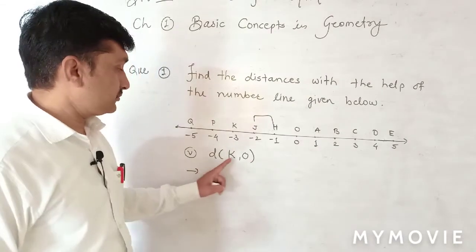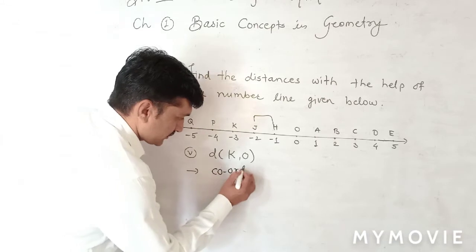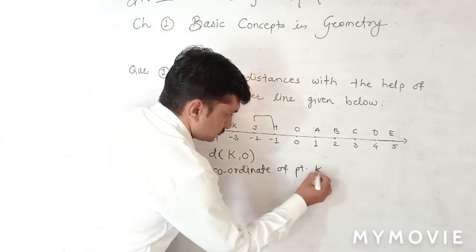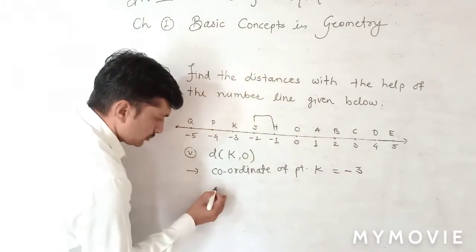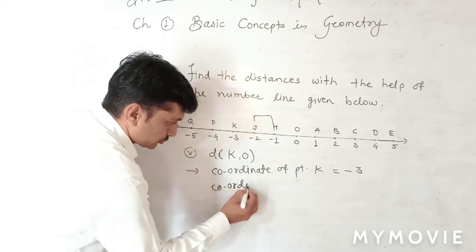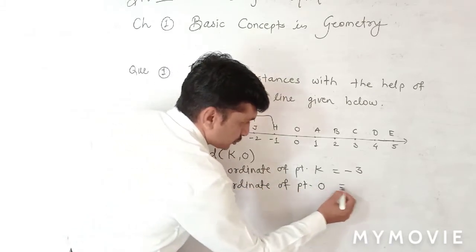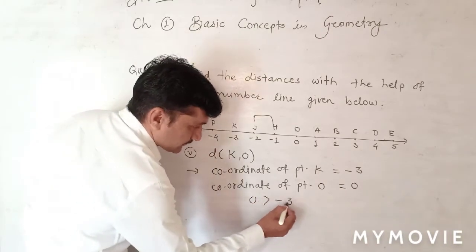Find the distance between K and O. Coordinate of point K is minus 3. Coordinate of point O, O is origin, is 0. 0 is greater than minus 3.